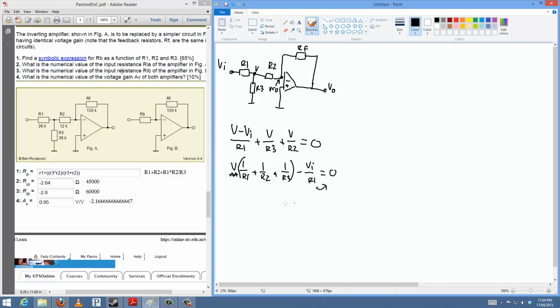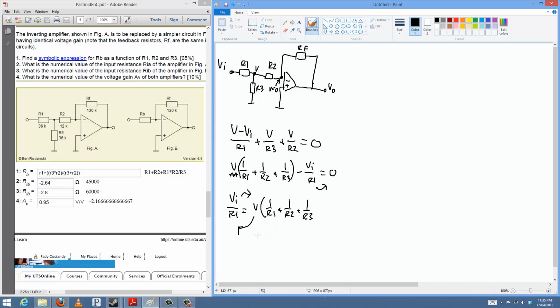Take that across, we end up with VI on R1 equals V times 1 on R1 plus 1 on R2 plus 1 on R3. Pretty much just this on that side, this on that side.